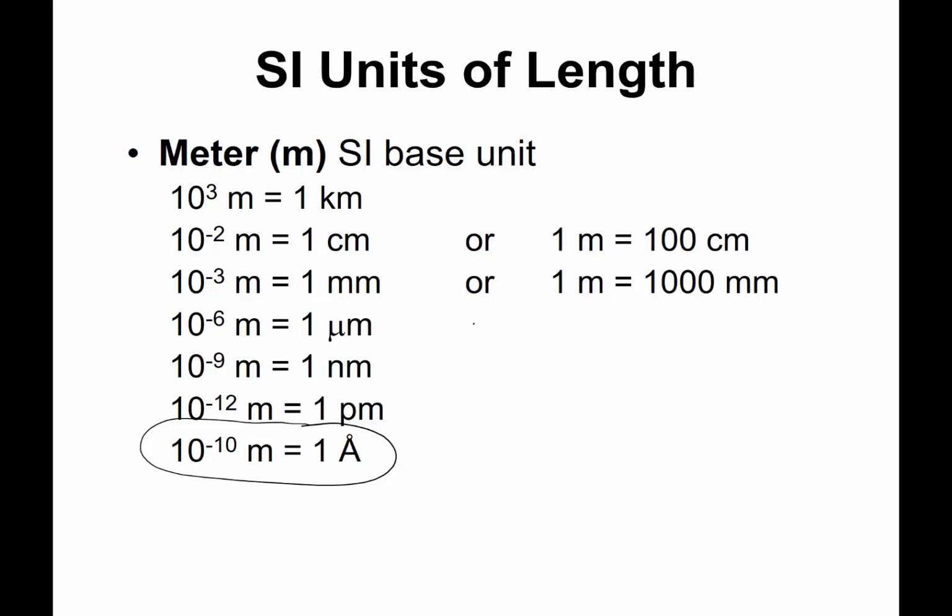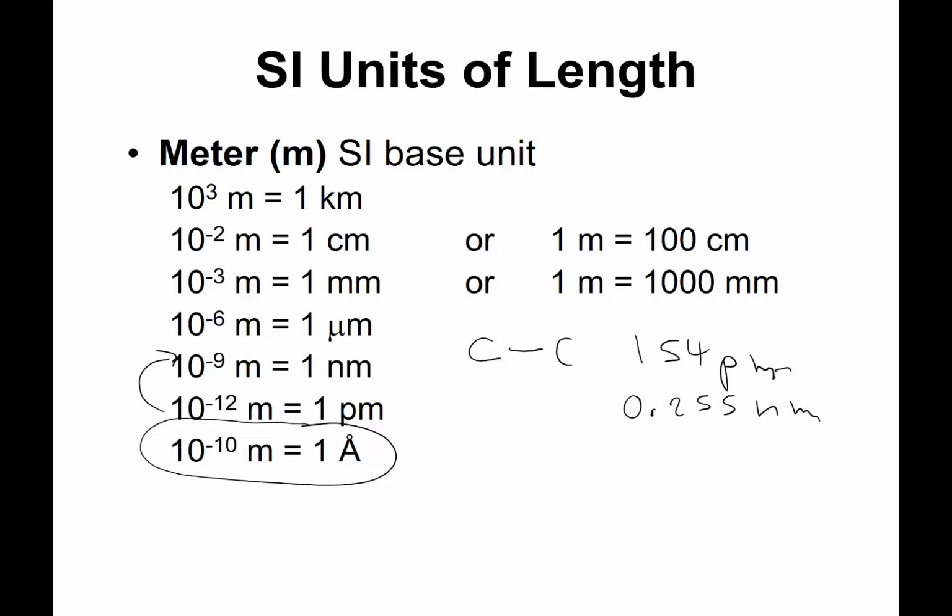So it turns out that, for example, the average bond distance between carbon and carbon is 154 picometers, which is fine. Or if you wanted to go to something smaller, we report it as nanometers. We have 0.255 nanometers.